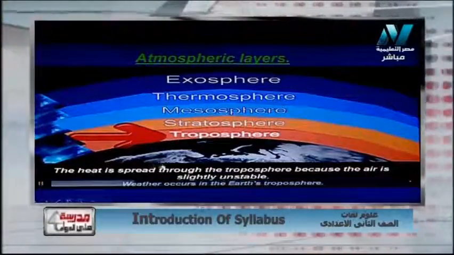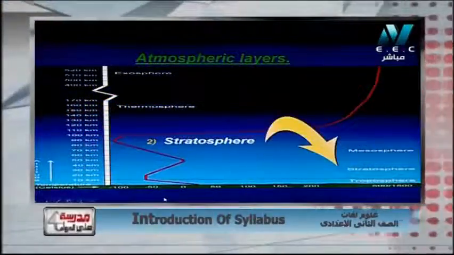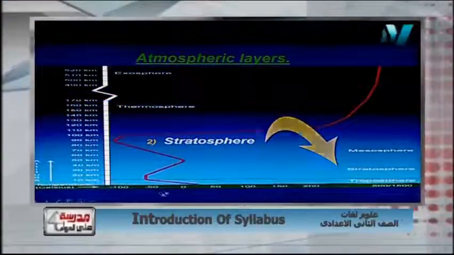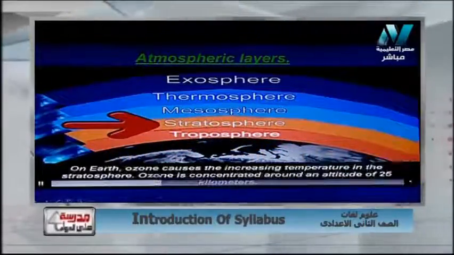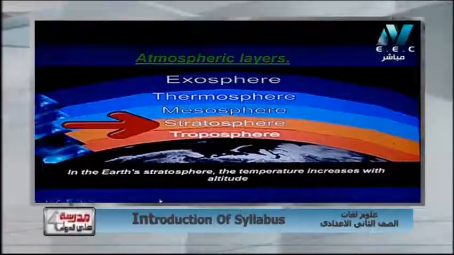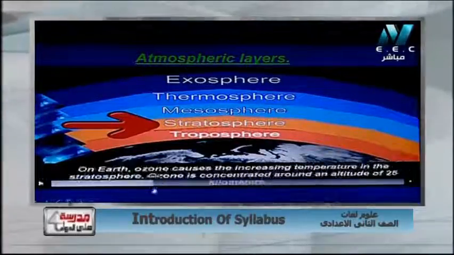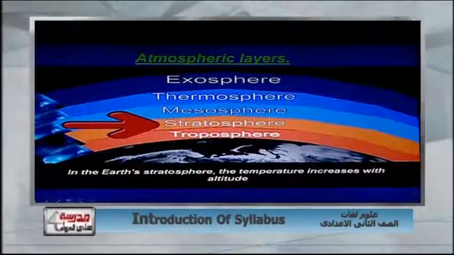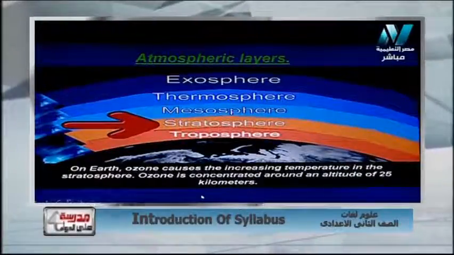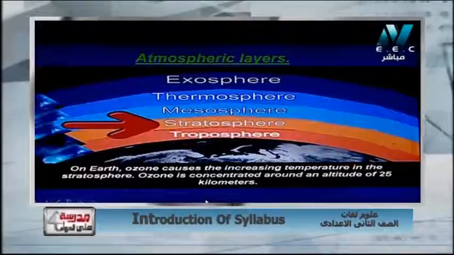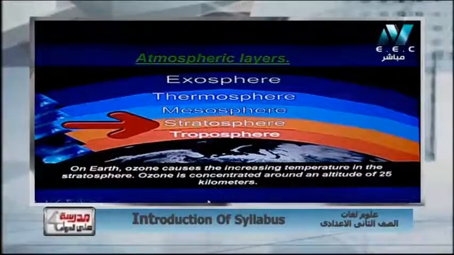The next layer, the second one, is called the stratosphere. As we see, temperature increases with altitude. The temperature increases, due to ozone, which causes the increase in temperature in the stratosphere.